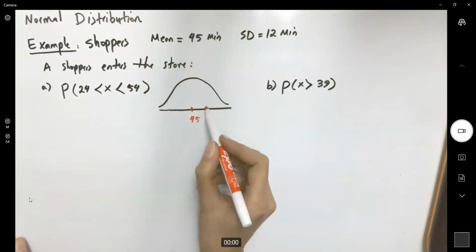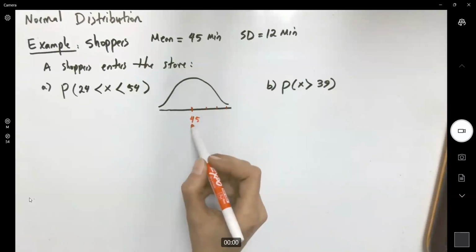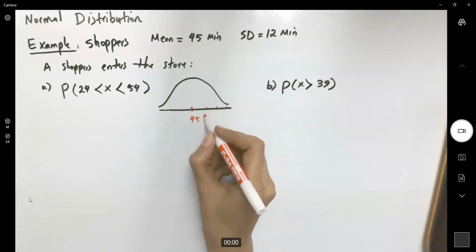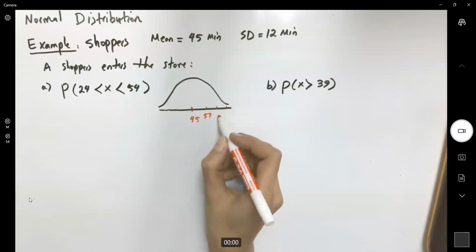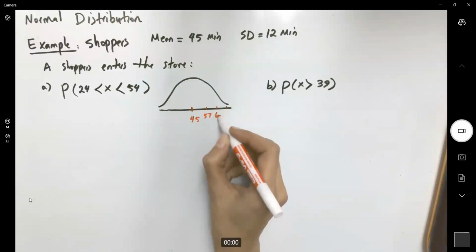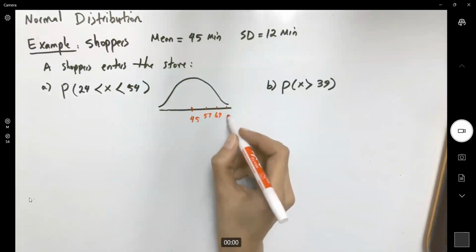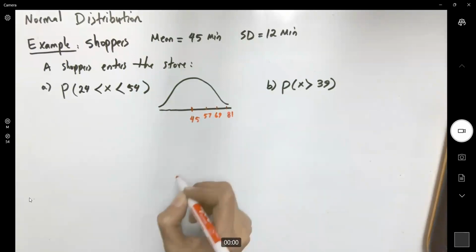So if I add 12 to 45, I get 57. Then if I add 12 to 57, I get 69. If I add 12 to 69, what do I get? I get 81.